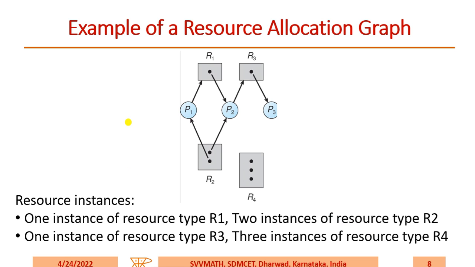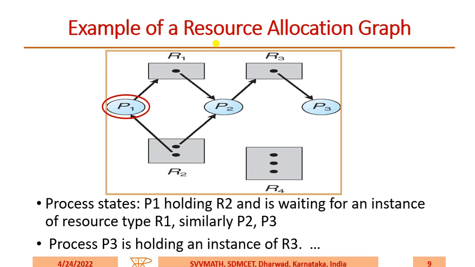Now let us consider these processes. P1 is holding R2 and requesting R1. If you consider P2, it is holding R1, it is holding R2, and it is requesting R3.